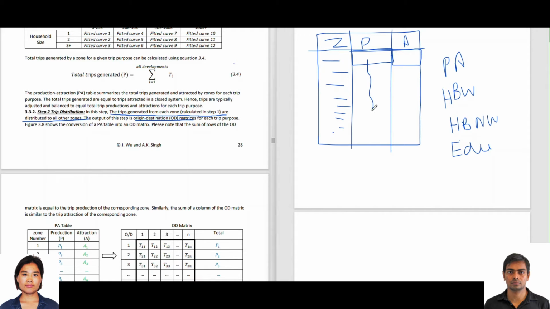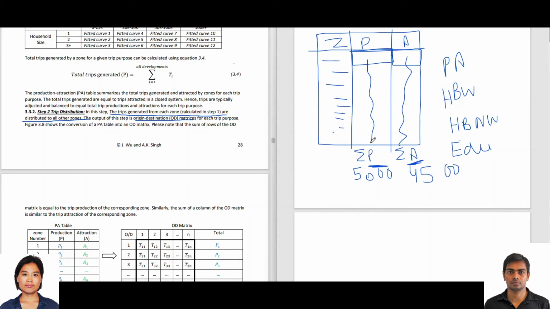Another point to consider here is that when we sum up the total production and total attraction in a closed system, they need to be equal. Let's say in the previous step we calculated the total number of production to be 5,000 and the total number of attraction to be 4,500. Then we can either reduce the production number to become 4,500 or bump up the attraction number to become 5,000.